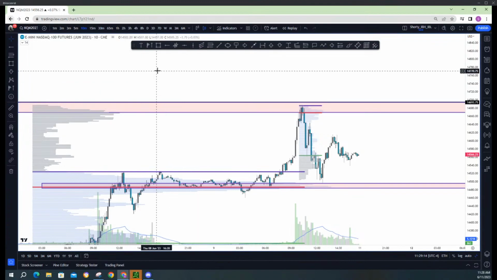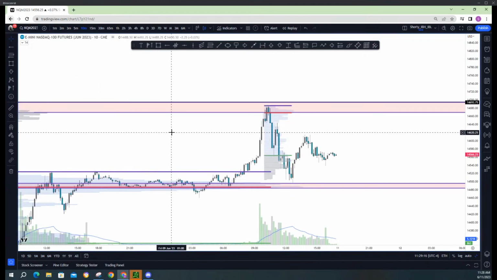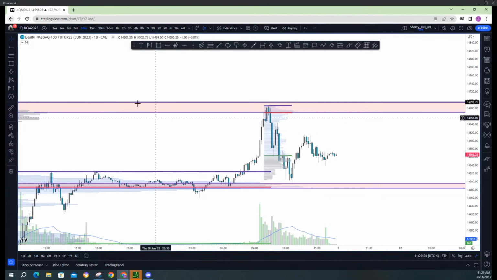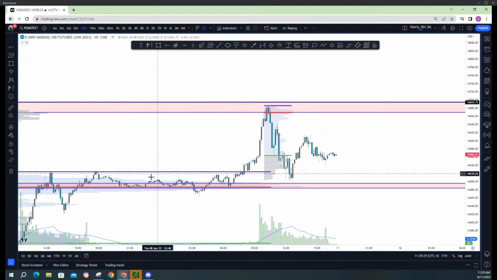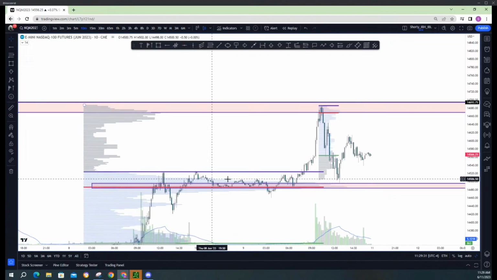NASDAQ is a little different than the S&P because you have like 5 days. That's your value high area. This would indicate that they're taking profits here from this run up where they accumulated, they popped, they're taking profits on a P shape, and they haven't been able to revisit this yet.